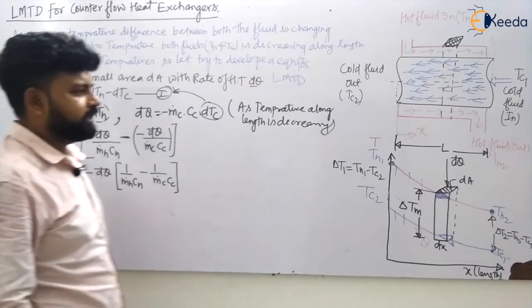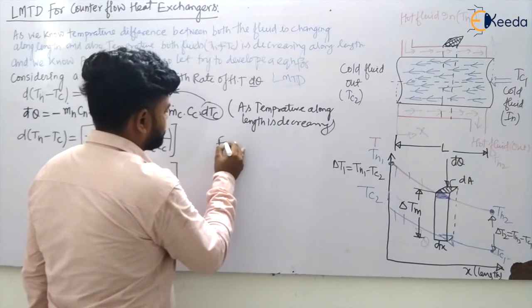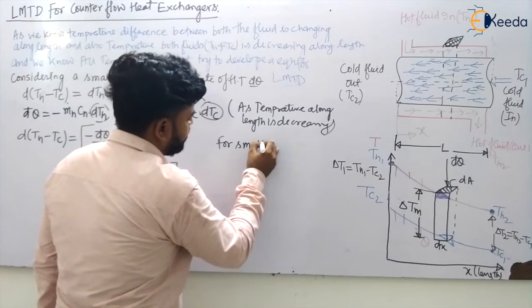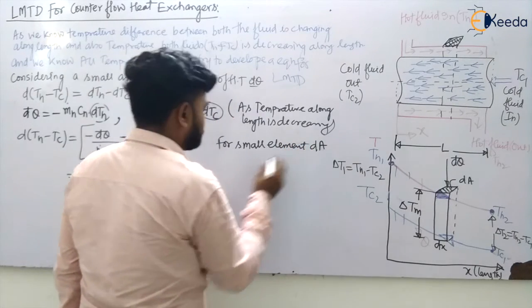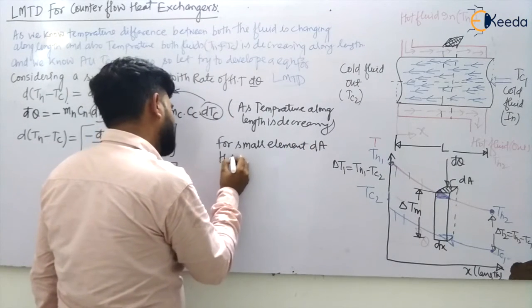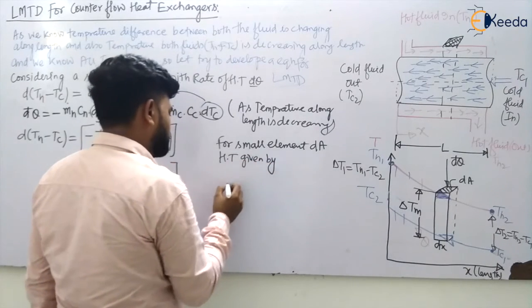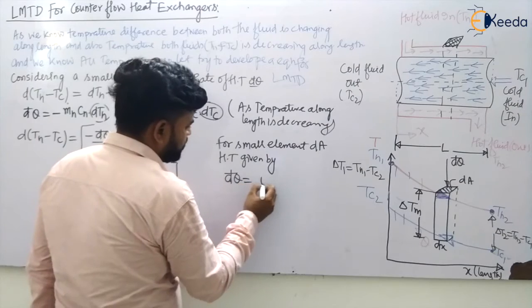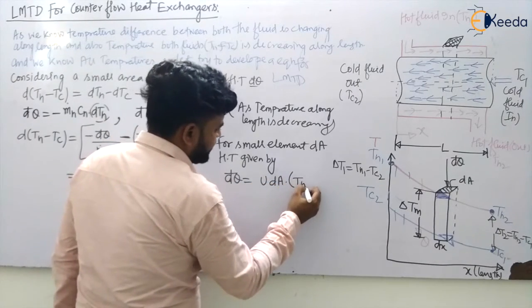And for the small element dA, heat transfer is given by dq is equal to U dA, and this will be Th minus Tc.